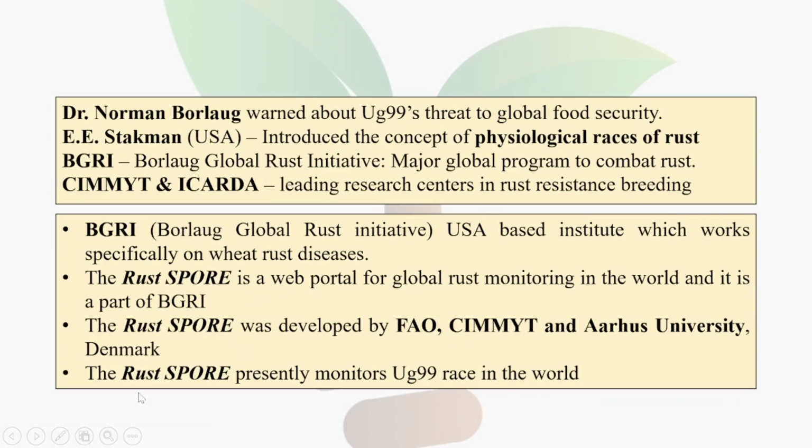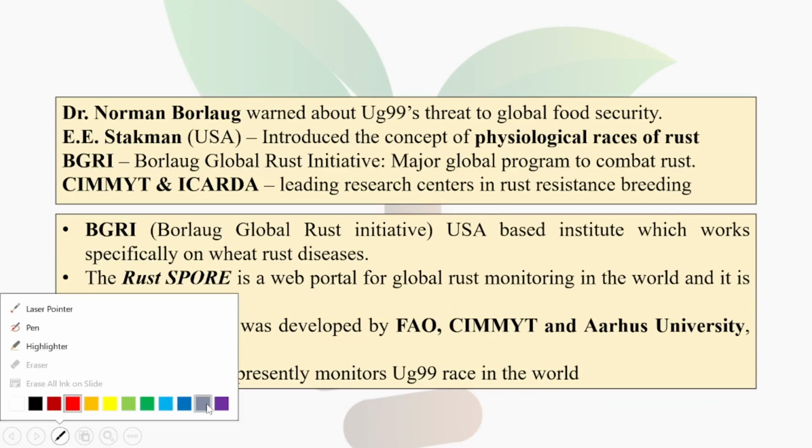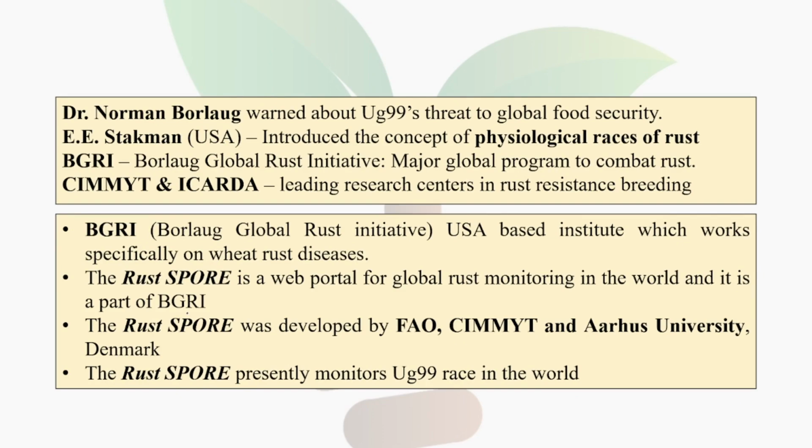Another thing is BGRI, the Borlaug Global Rust Initiative. They developed something called RustSpore, which is a kind of monitoring program, tracking how the rust is going and where it is causing infection. It is, I would say, a computer simulation model, a forecasting model.